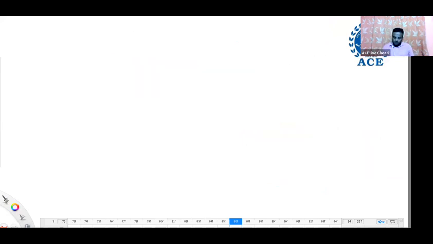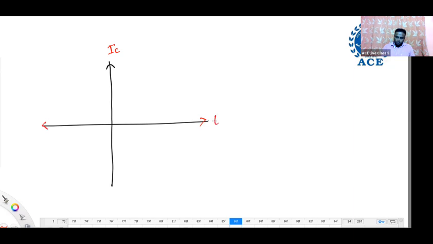See the graphical representation. Let this be current in coil, plus IC, this is time, and this is minus IC. For example, we take three positions: position 1, position 2 with current 0, and position 3 with current negative. At position 1, let us assume the current is IC in one direction, positive, plus IC.